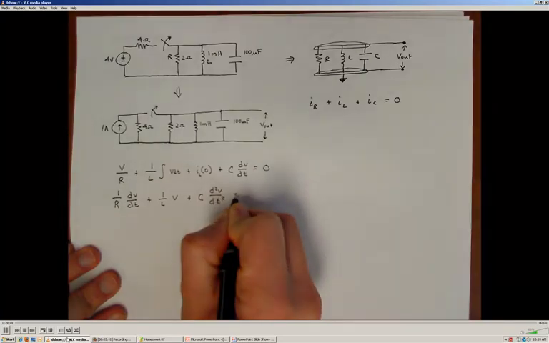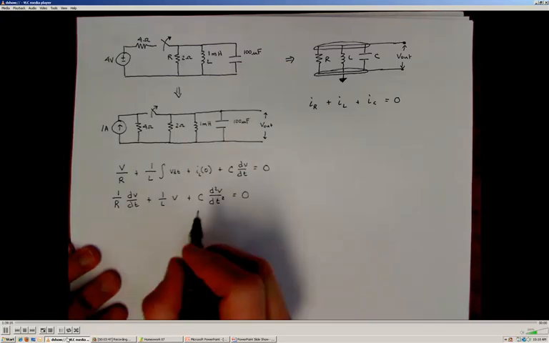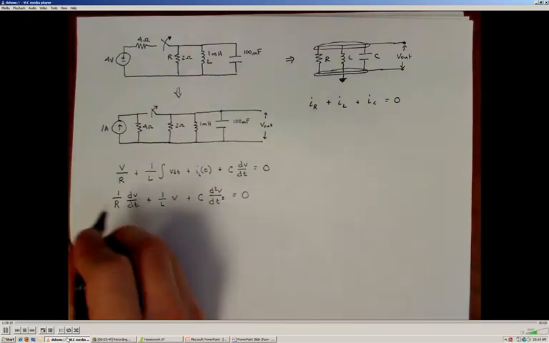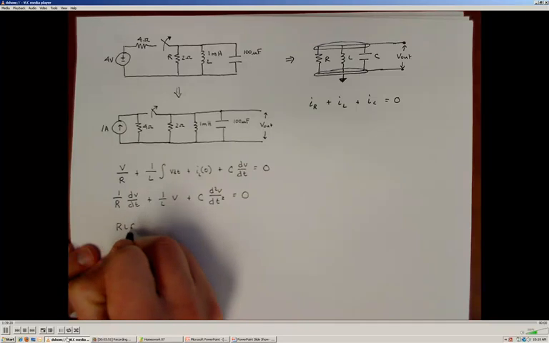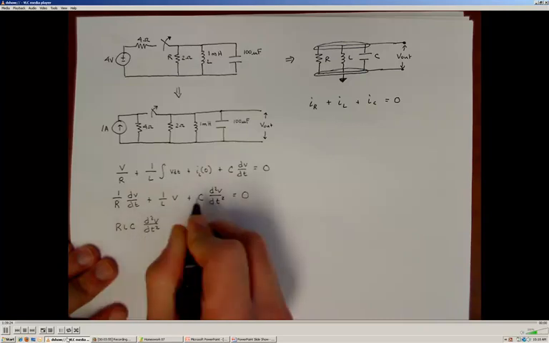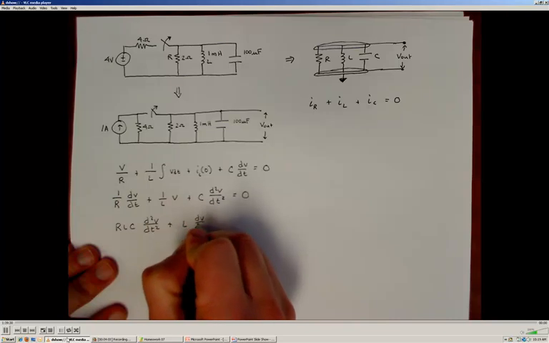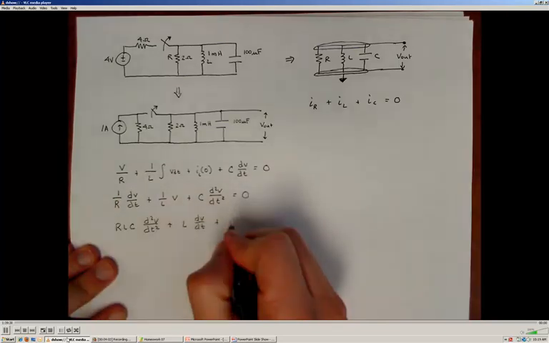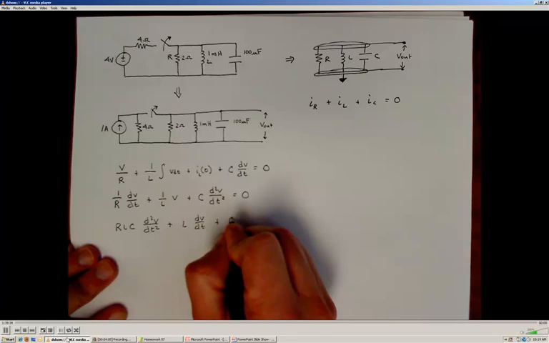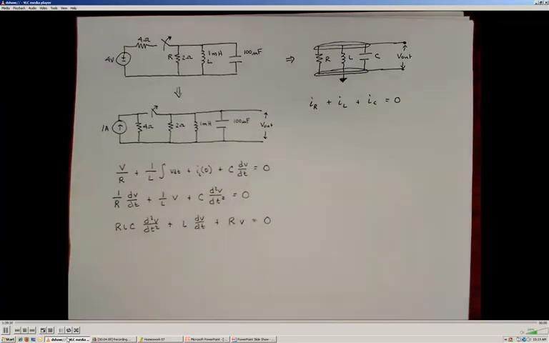with respect to time. Rearranging to get it into a more standard form, I wind up with RLC times d squared V/dt squared plus L dV/dt plus R times V equals 0.